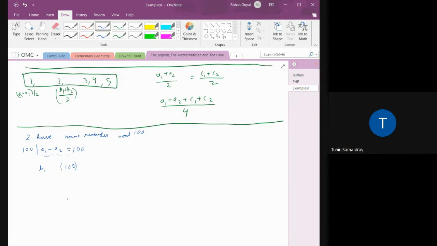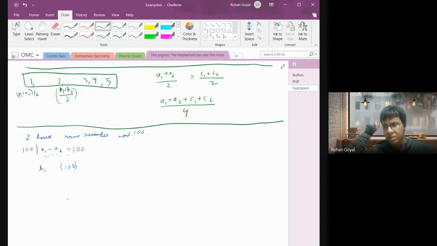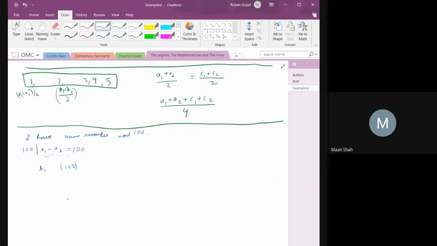Can I try a solution? Yes. Just a second. Let him complete once. Yes, sure. So I was actually trying to prove that if A1 minus A2 is 0 mod 100, then we can take any of the numbers from the set of 101 numbers and divide it by that. So they will always give, as A1 minus A2 is a number from the set.